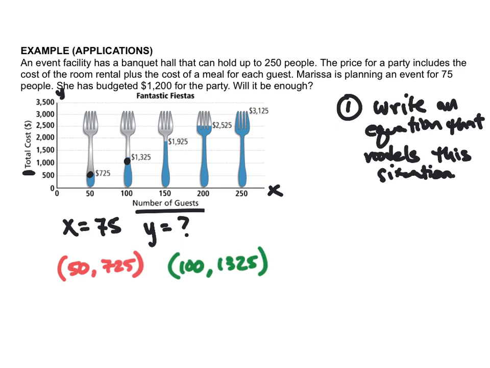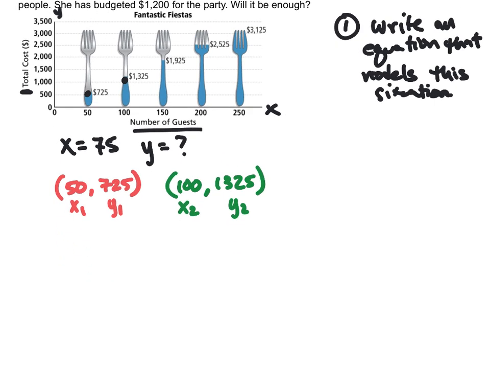I'm going to call the first x1, y1 and the second x2, y2. If I calculate my slope, that's going to give me 1,325 minus 725 all over 100 minus 50.